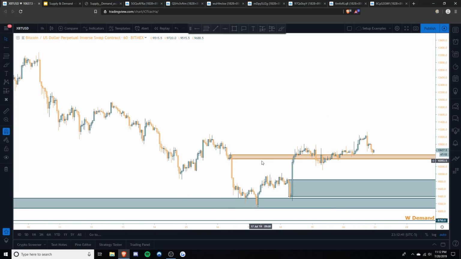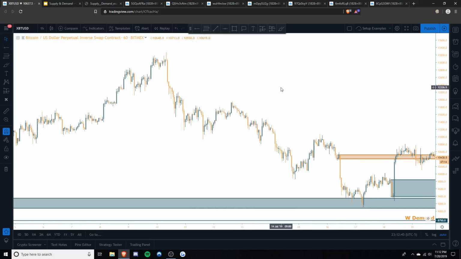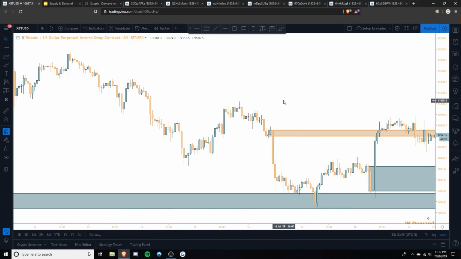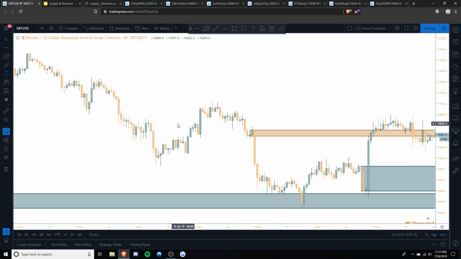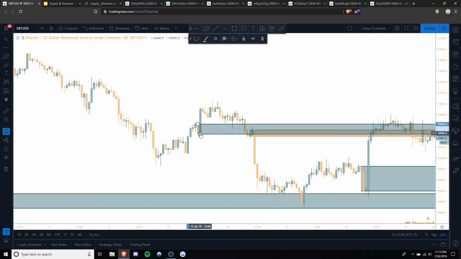So let's go ahead and mark out some other levels. You can see right here, we have a down move before an impulse move that broke market structure over here. So this would be demand.